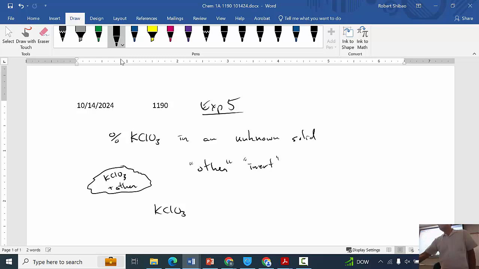Why would you suspect that KClO3 is somewhat reactive? I wouldn't suspect, as far as metathesis goes, group 1 cations are really unreactive. So potassium ions from metathesis, they don't really precipitate with anything.